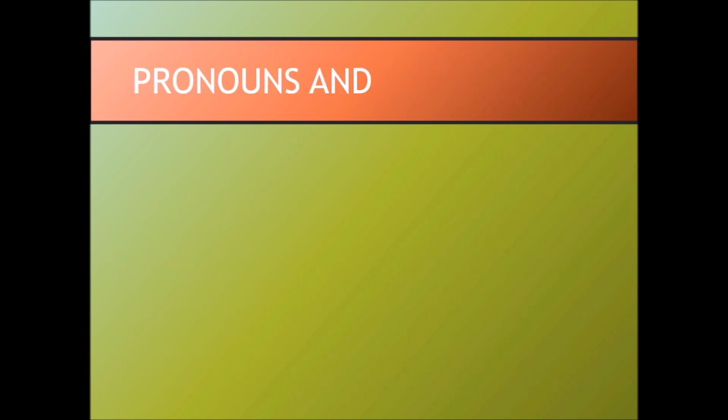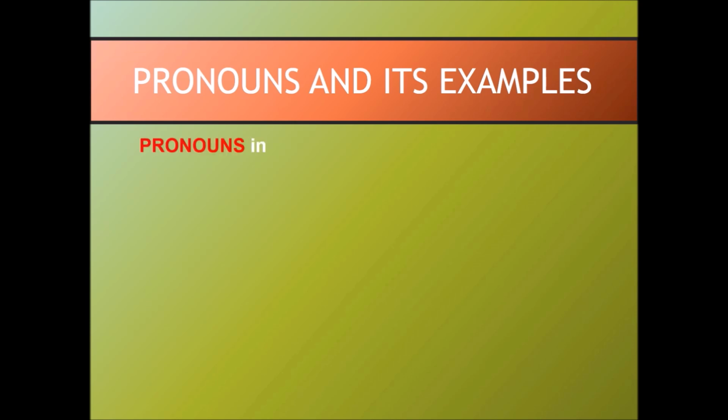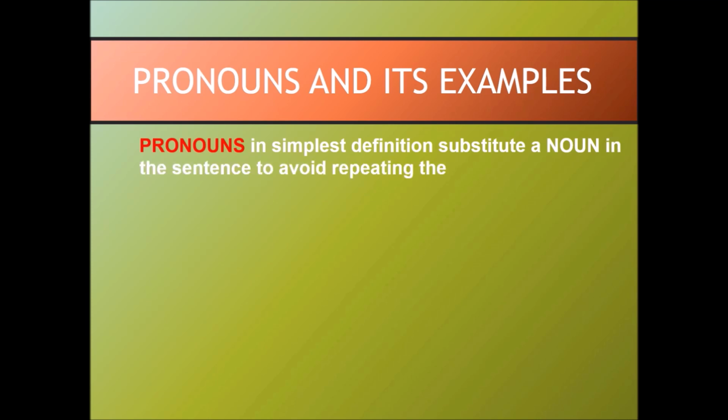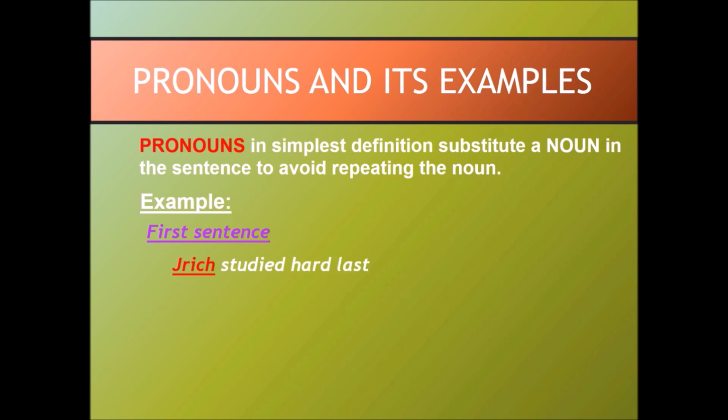Now we move to the second minor function words, the pronouns. Pronouns, in their simplest definition, substitute for a noun in the sentence to avoid repeating the noun. Example. First sentence: Jerich studied hard last night.